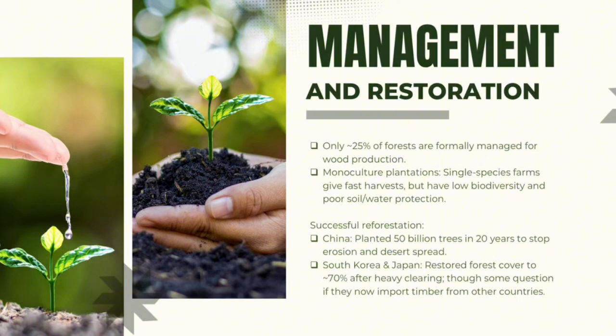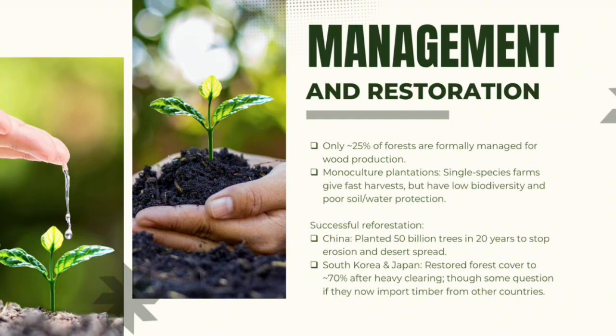Now, allow me to discuss a successful restoration. Many places have shown that we can bring forests back. In China, they planted 50 billion trees over 20 years. This helped stop soil from washing away and stop dry deserts from spreading further.